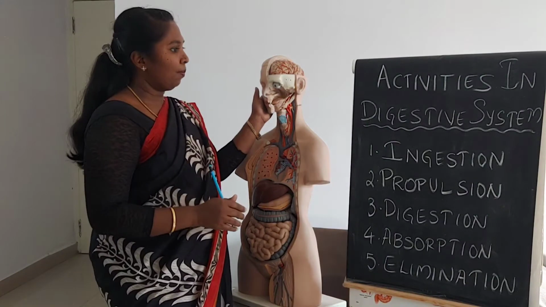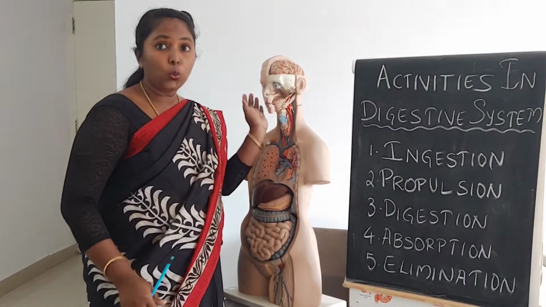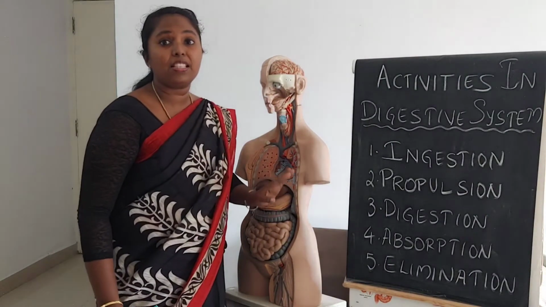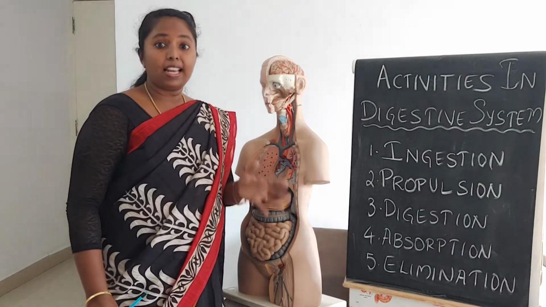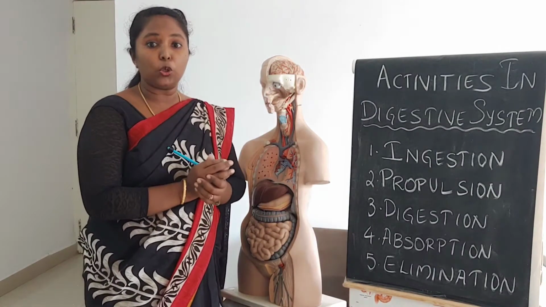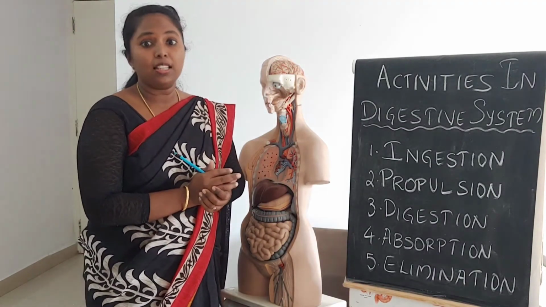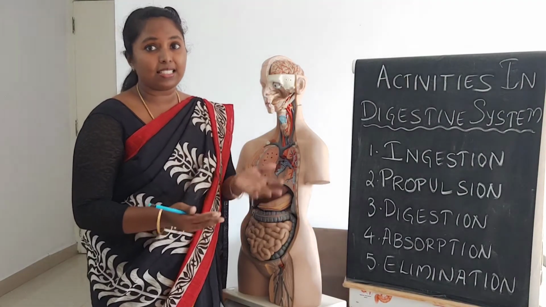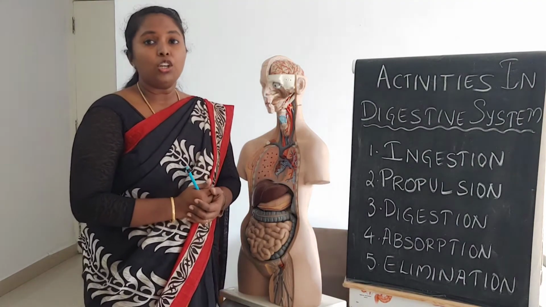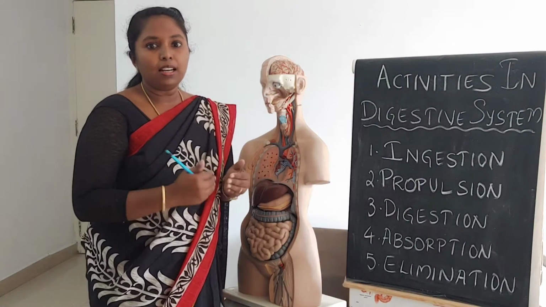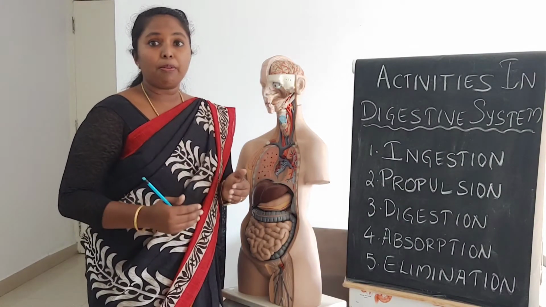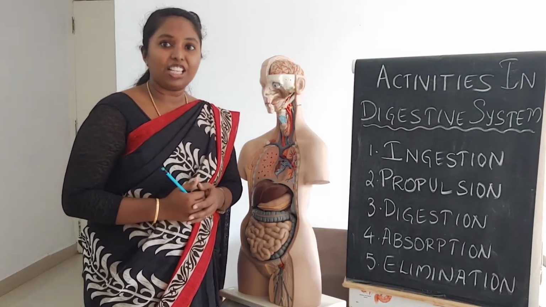This mechanical breakdown is along with the chemical breakdown that happens in the stomach. In the stomach, again the food is made into smaller molecules with the help of enzymes that are secreted by the glands that we discussed earlier. So this chemical process that happens with the help of enzymes is known as chemical digestion.